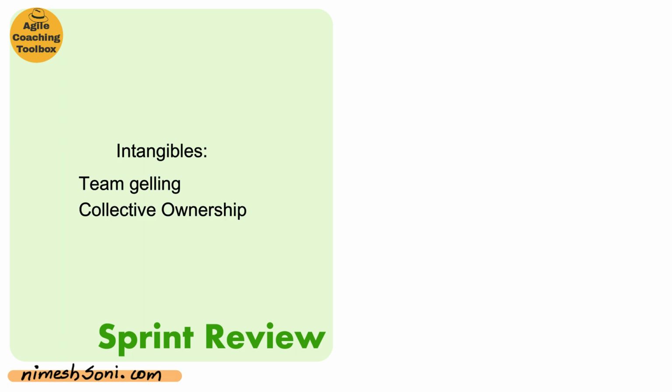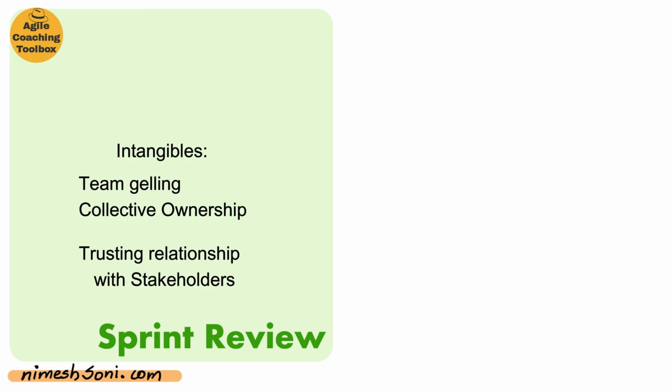All right, let's look at some of the side benefits, the intangibles of these events. The sprint review helps the team gel together. Team will start taking the collective ownership of the product. The sprint review also helps us in establishing a relationship, a bond with the stakeholders.